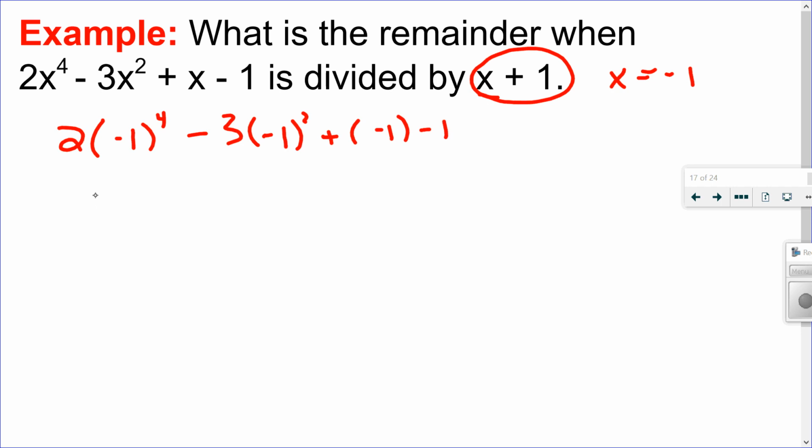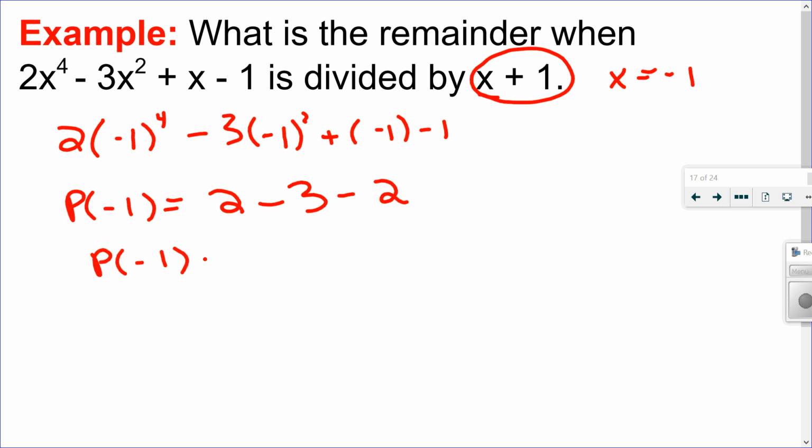So this tells me that the value of the polynomial at negative 1: negative 1 to the 4 is 1 times 2, minus negative 1 squared is 1 times 3, and then minus 1 and minus 1 together is negative 2. So the value of the polynomial at negative 1 is 2 take away 3, take away 2, which is negative 3.